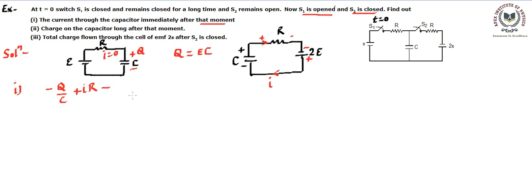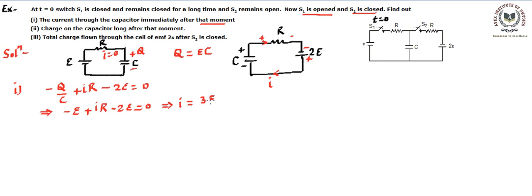So there has to be this minus 2E equal to 0. Now if we put in the value of Q, this will turn out as minus E plus IR minus 2E equal to 0, which we can simplify as I equal to 3E divided by R.